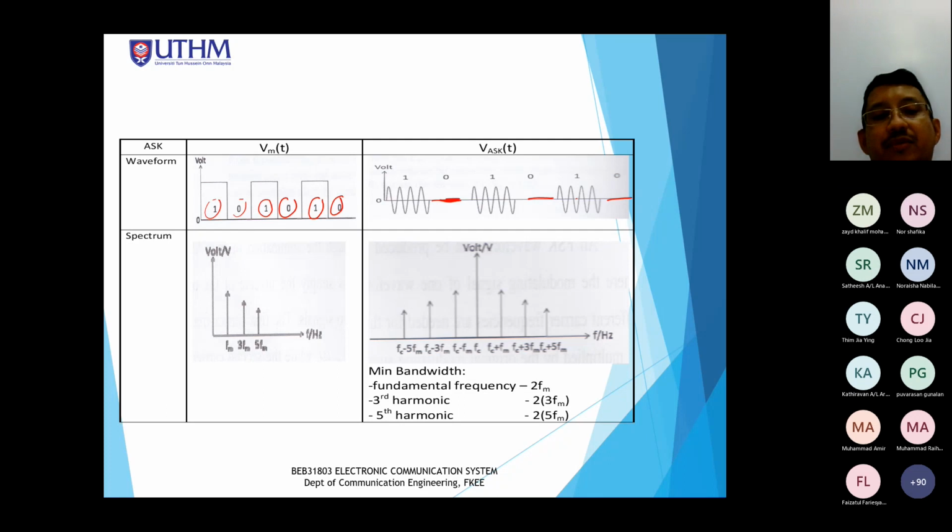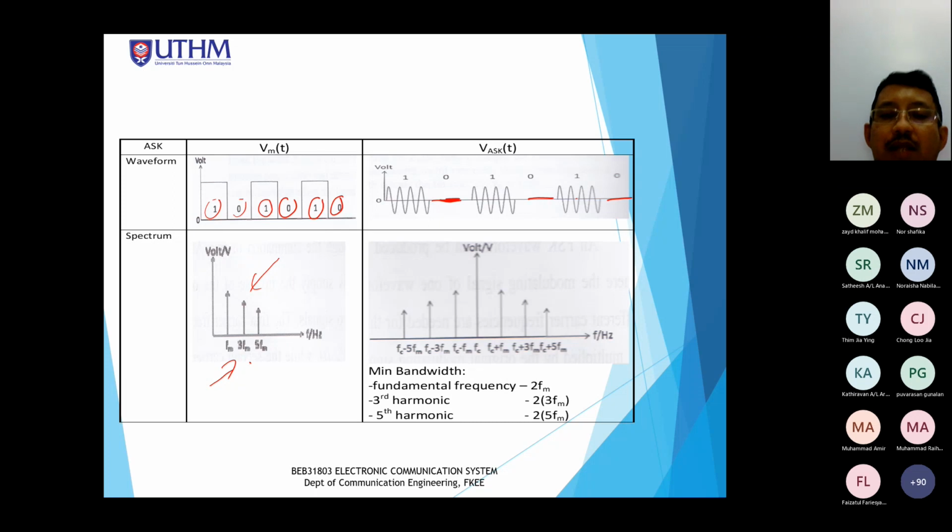What about the spectrum? For the VMT, the input consists of FM, 3 FM, 5 FM. So we have 3 inputs here. What about the bandwidth? If we consider up to 5th harmonics, that means the bandwidth is 2 times 5 FM.